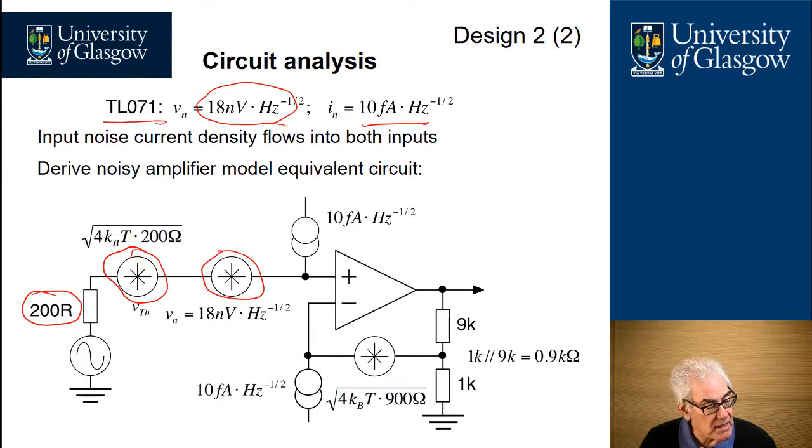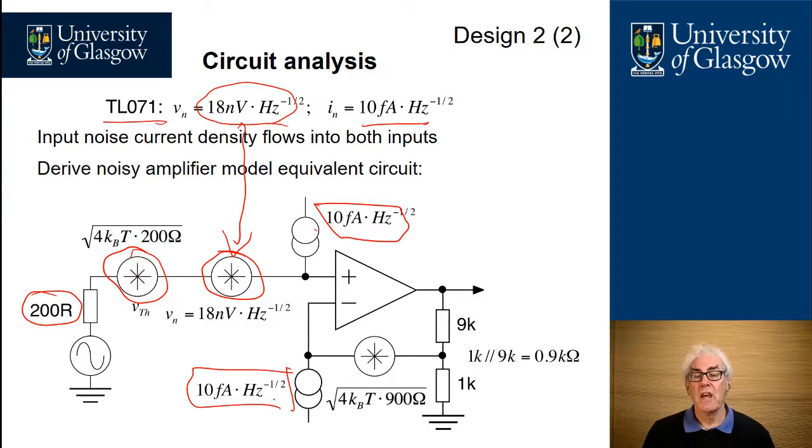We have 18 nanovolts per root hertz, which is coming from the datasheet here, and we have two noise currents, one connected to either input, of 10 femtoamps per root hertz, and finally we have an equivalent noise generator here in series with the non-inverting input node, which is equivalent to the 9K and 1K resistor in parallel because of superposition theorem.